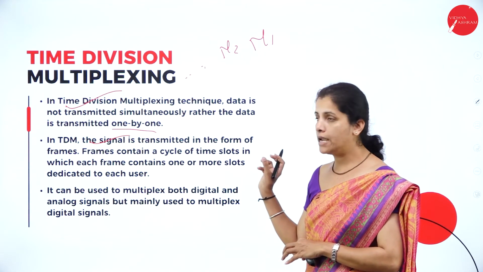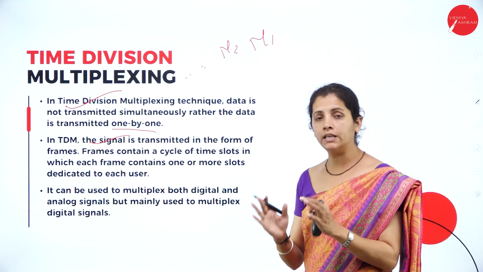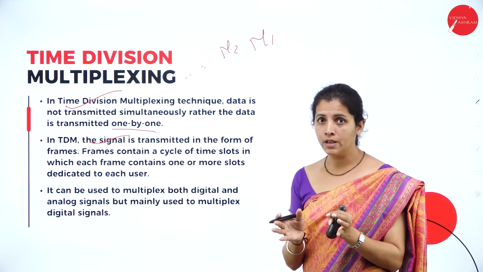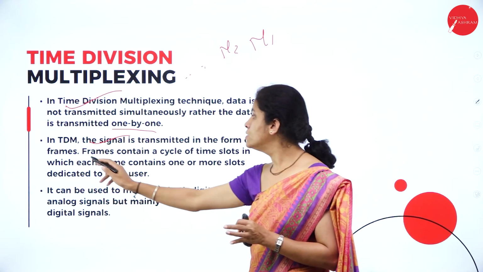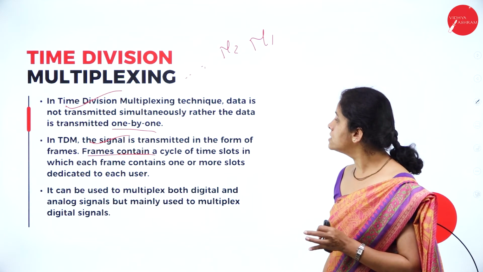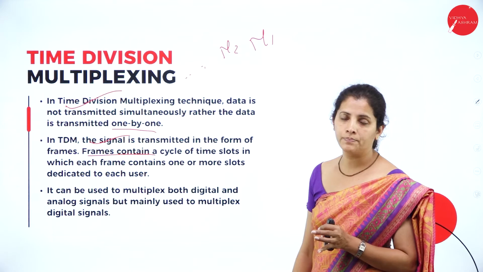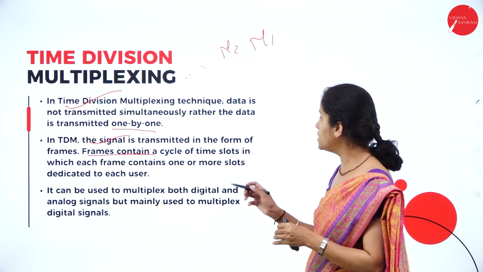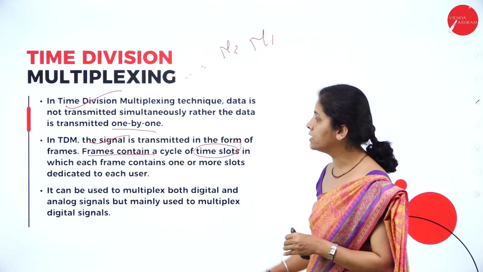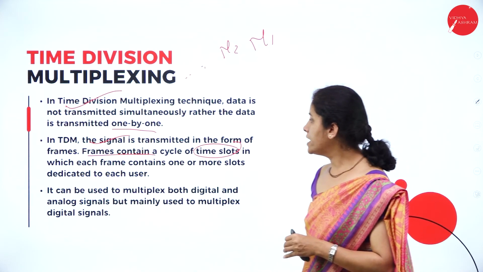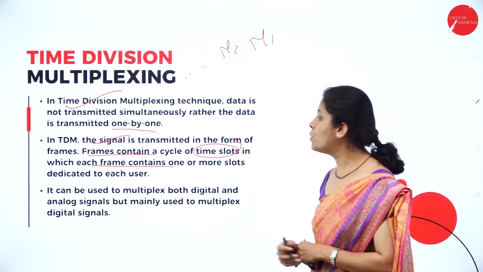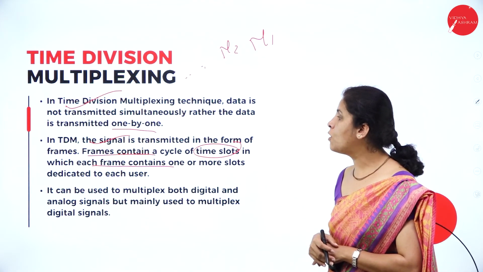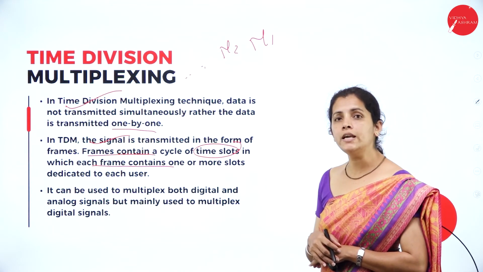So, in TDM, whatever the data I have, that is treated as frame. So, frame contains a cycle of time slot. For each frame, I am going to get the time. So, that is known as time slot, in which each frame contains one or more slots dedicated to each user.